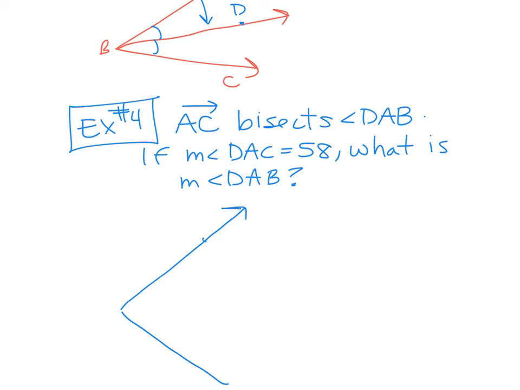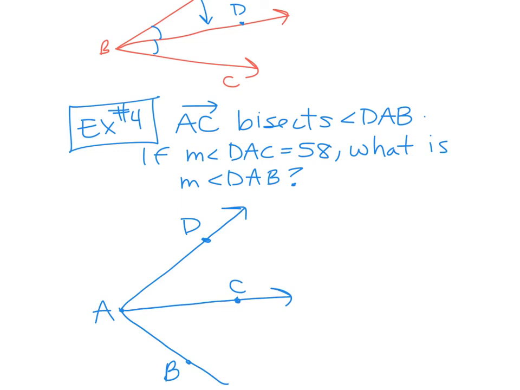This isn't really drawn to scale. So it said AC bisects DAB. So AC would cut through here. Okay. And it bisects it. And they tell us that DAC is 58.